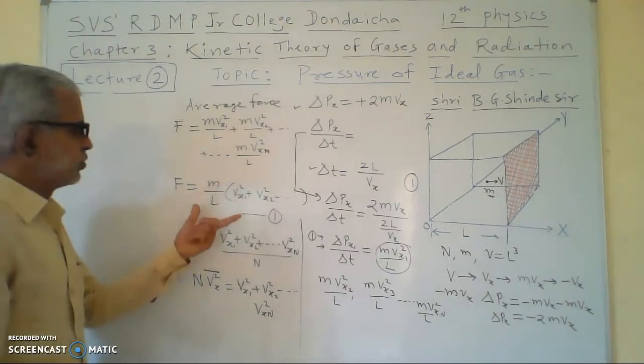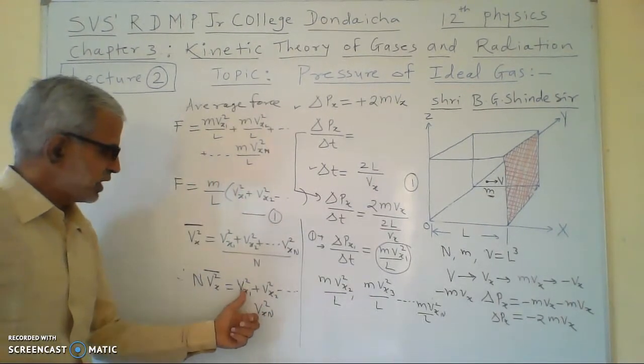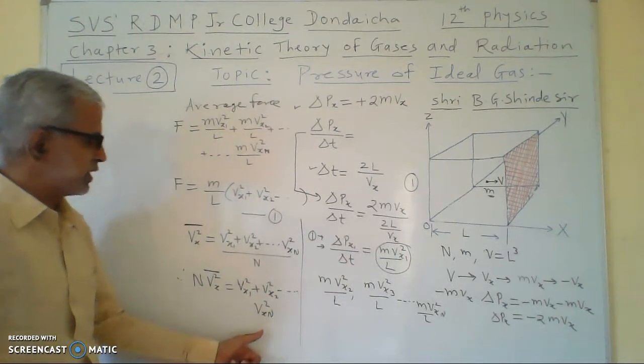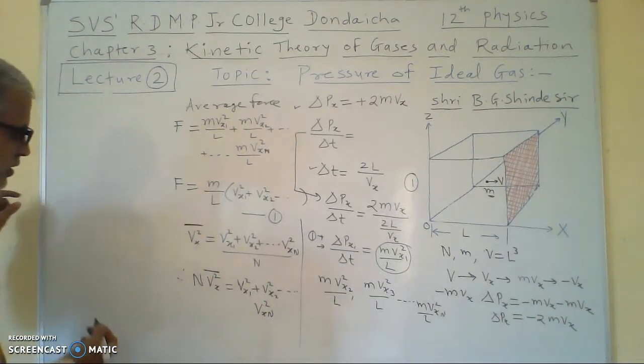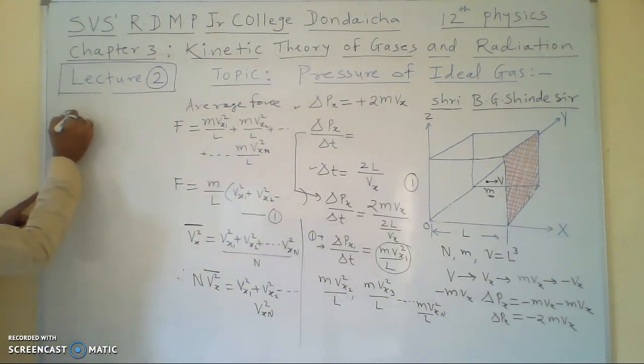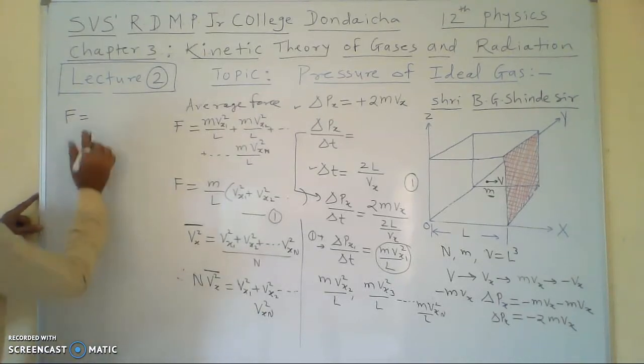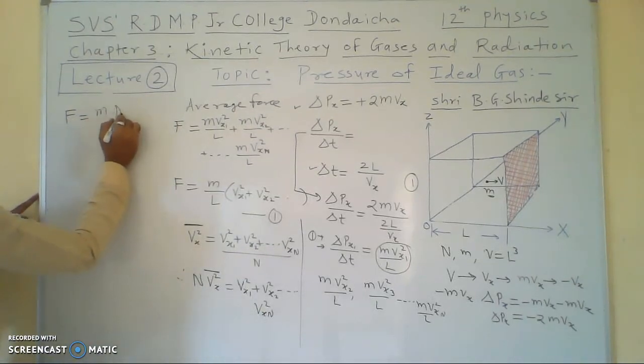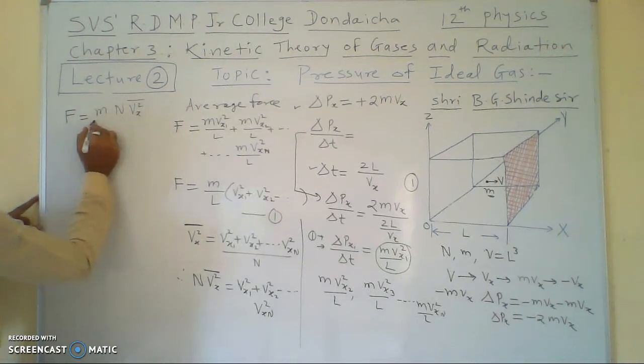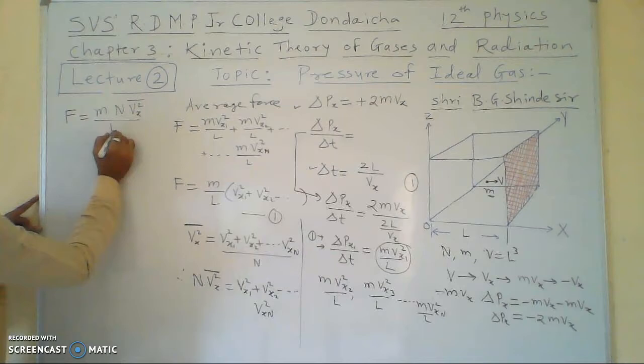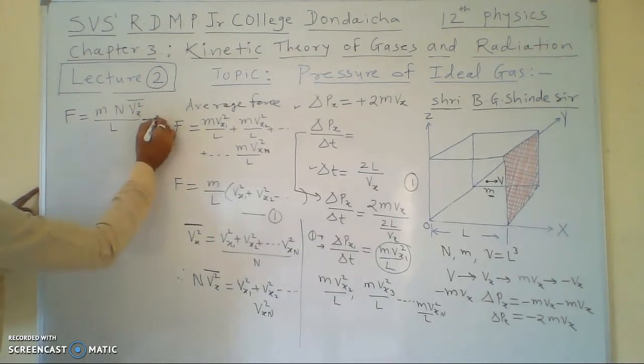This bar symbol denotes average, it is not a vector. Now put this value of Vx1 square plus Vx2 square and so on in equation 1. So we get force F is equal to m into n Vx square average, divided by L. So this is equation number 2.